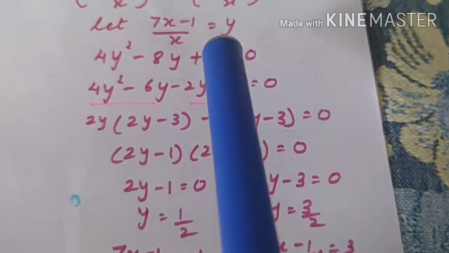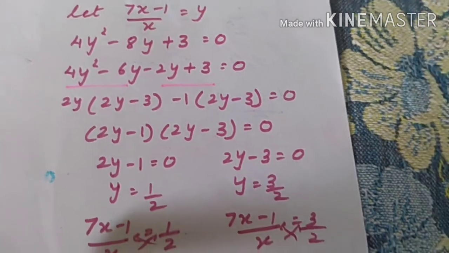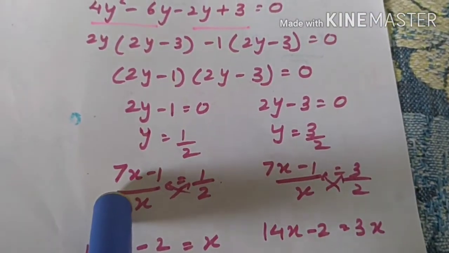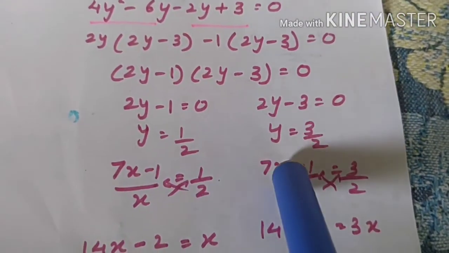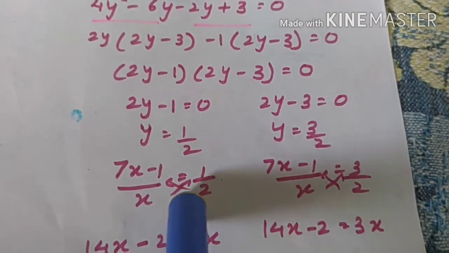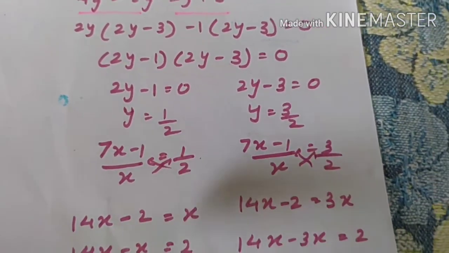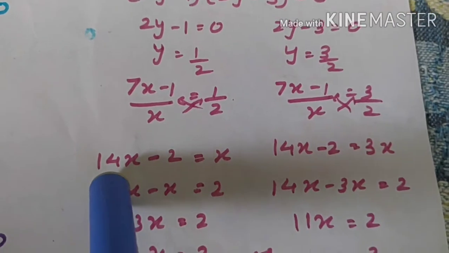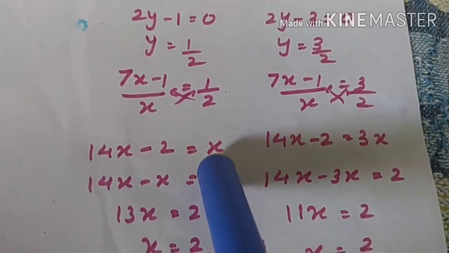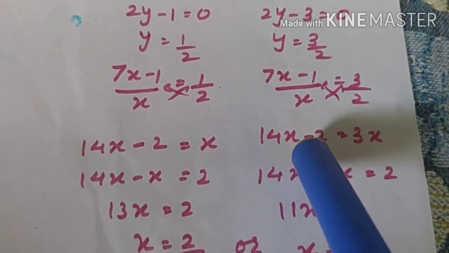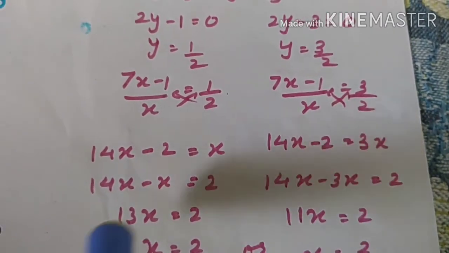Replacing the value of y, the value of y is 7x minus 1 upon x. We are replacing it here both ways, and then taking cross multiplication. So I get the linear equation 14x minus 2 is equal to x, and here 14x minus 2 is equal to 3x.